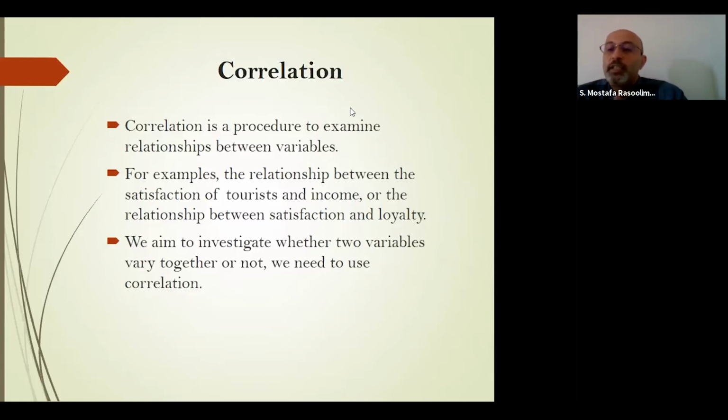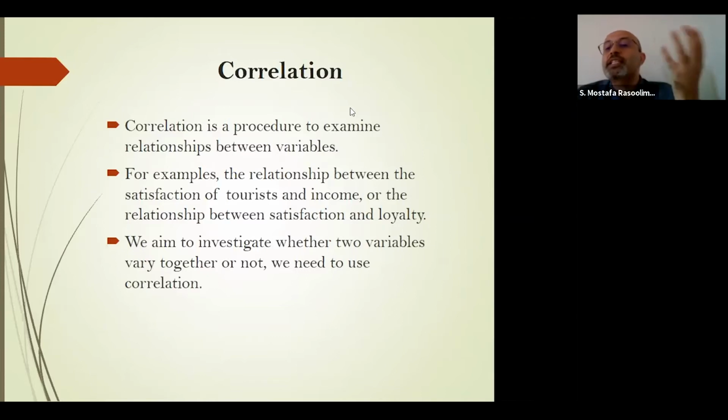Another one: what's the meaning of correlation? Correlation means that two variables vary together. Two variables change together. If X increases, it means variable Y should increase or decrease.